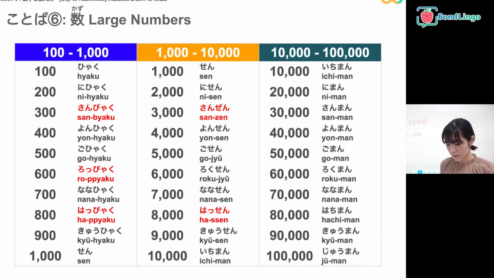Please look at your textbook. 100, 200, 300, 400, 500, 600, 700, 800, 900. And 1,000.